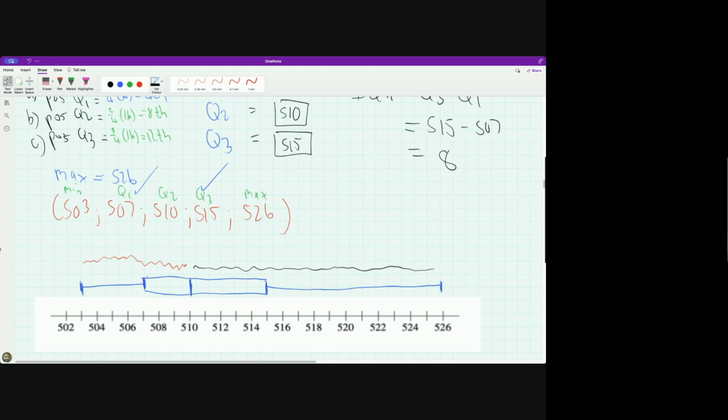Can anyone notice anything here? What stands out to you? It stands out more in this graph than it does in the actual numbers. Anybody want to volunteer any ideas?